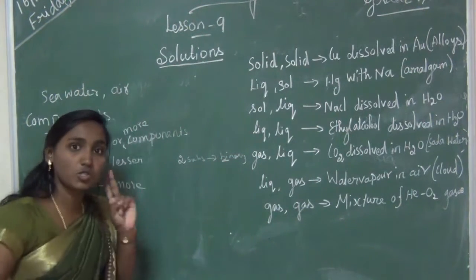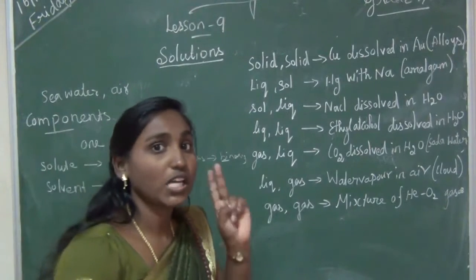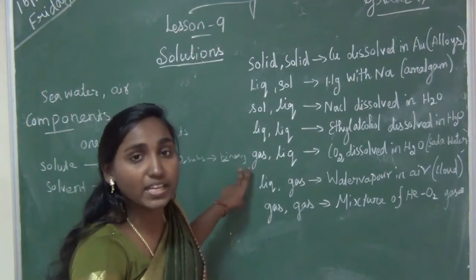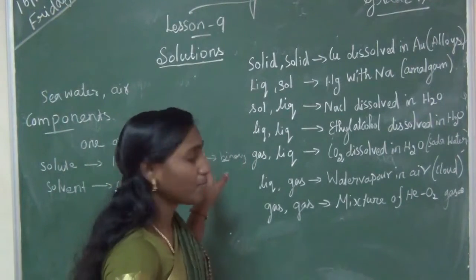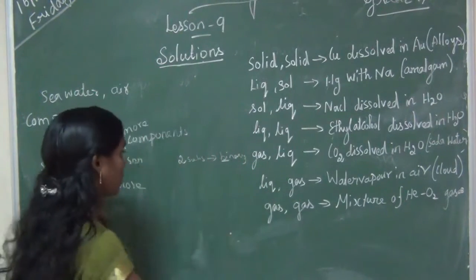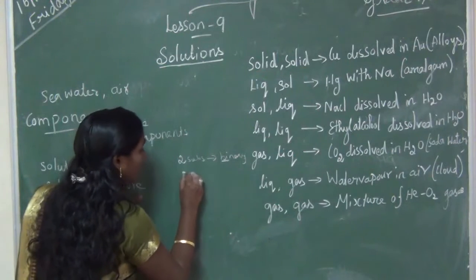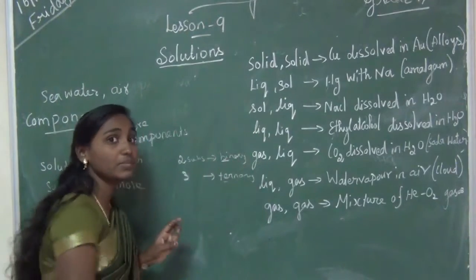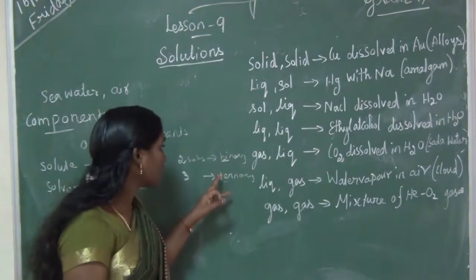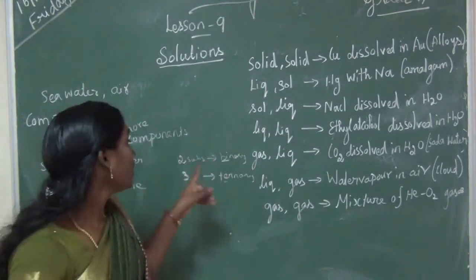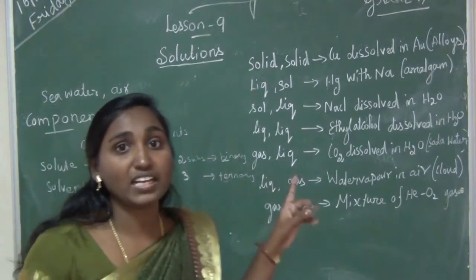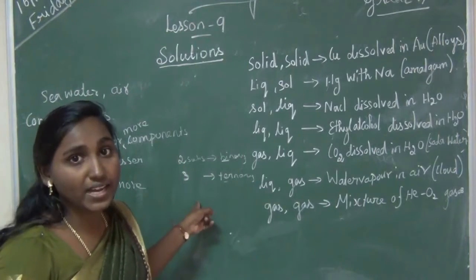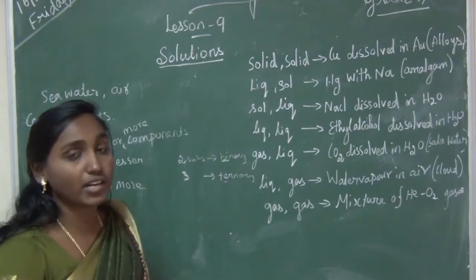Bi means two. A solution that contains three substances is called a ternary solution. Ter means three.